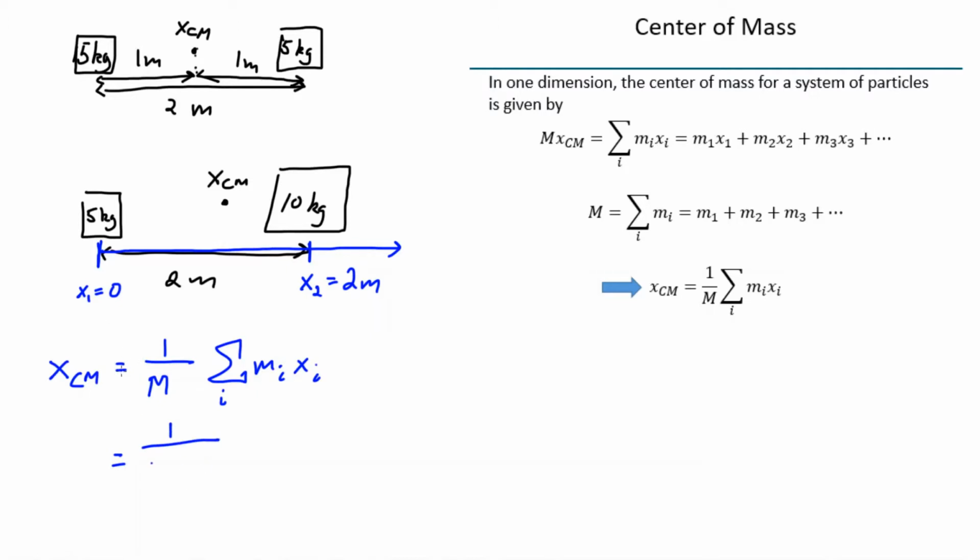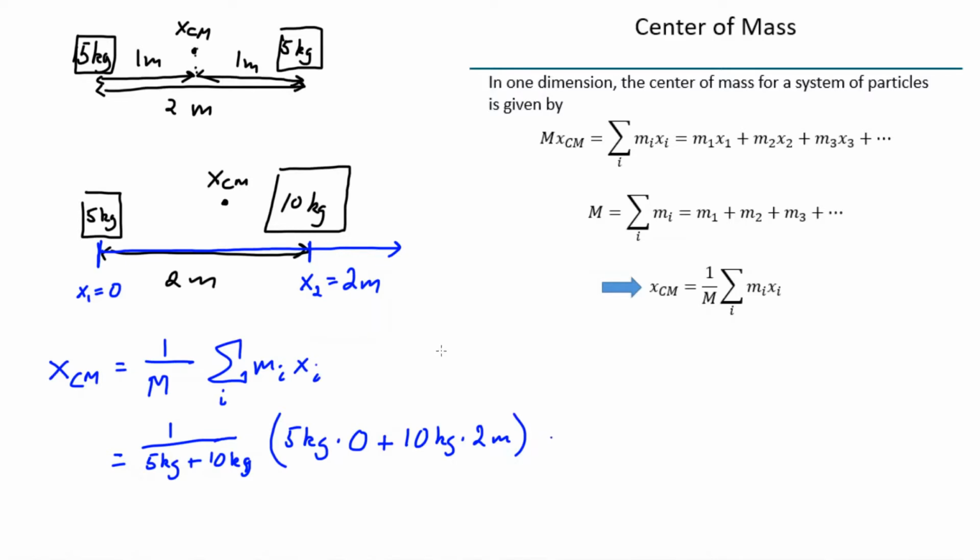Big M is 5 kilograms plus 10 kilograms. Then I multiply by the sum: m1, 5 kilograms, times x1, which is 0, plus m2, 10 kilograms, times x2, which is 2 meters.